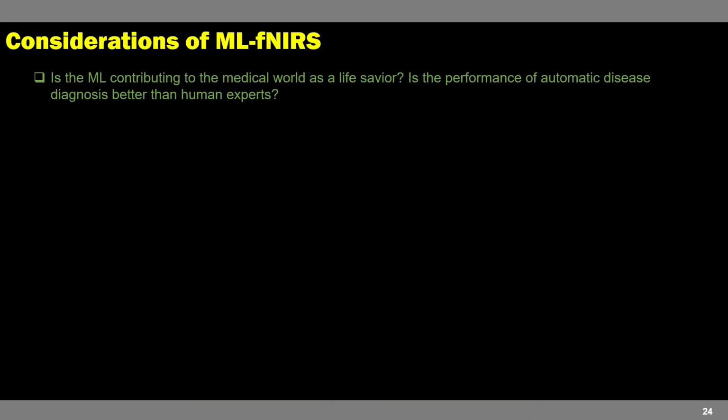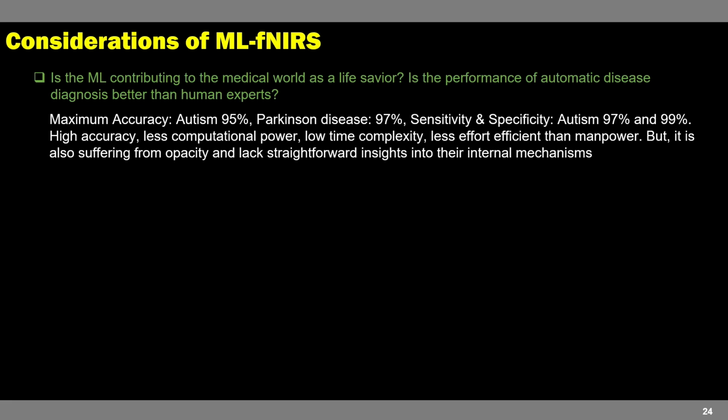After going through this, you may ask whether machine learning is really useful for predicting disease, compared with the doctor's diagnosis. The answer is harder to say, but you can see that with machine learning you can achieve higher accuracy.